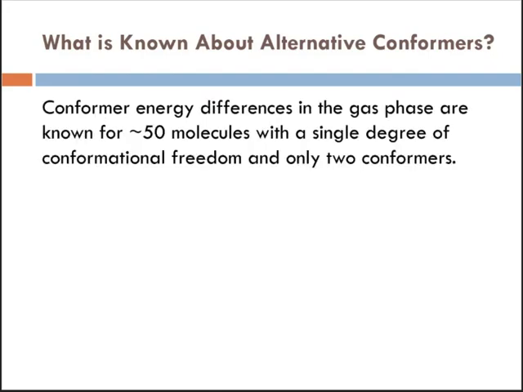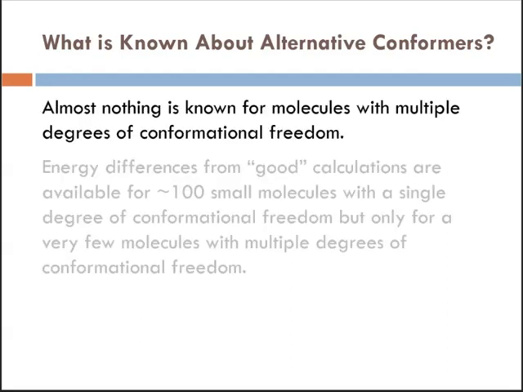In the gas phase, we know conformational differences for maybe 50 molecules, 1-butene CH eclipse versus CC eclipse, things like that. Very simple. Butadiene trans versus, it's not cis, it's twisted cis. Very few molecules. We know almost nothing about molecules with multiple degrees of freedom.